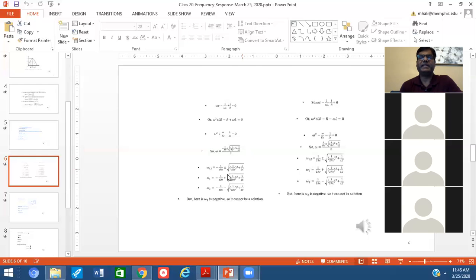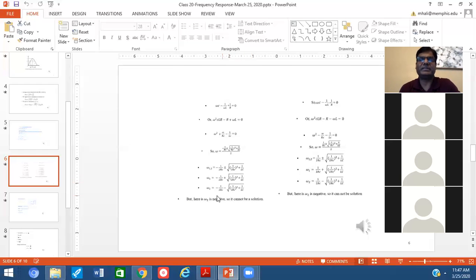And then in the fifth line, I have written combinedly omega 1, 2, because there would be two solutions. And then finally, we get the last two expressions, omega 1 and omega 2. But you see what I have written, that here omega 2 is negative, so it can't be a solution. On the left side, in the last two expressions, omega 1 is minus 1 over 2RC plus root over, so therefore this should be positive.